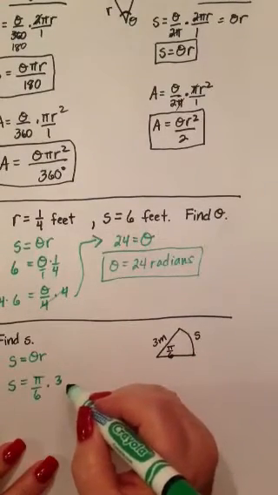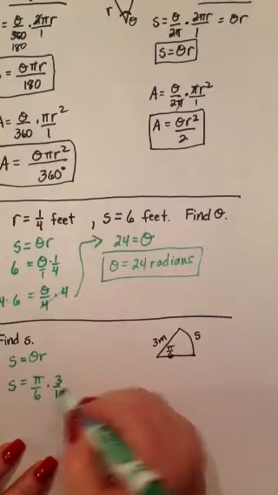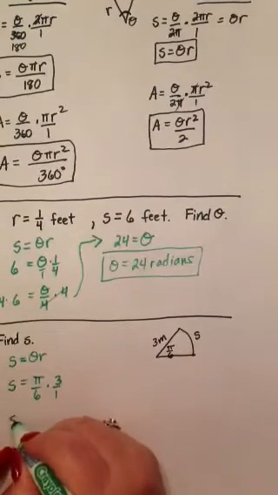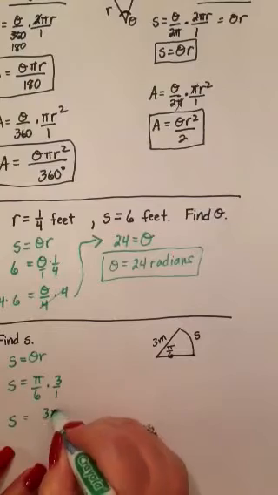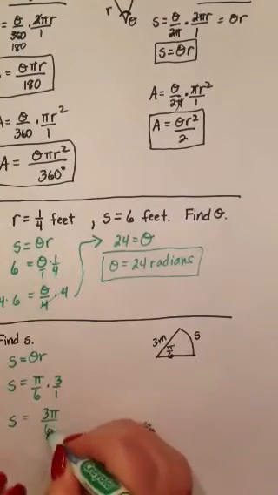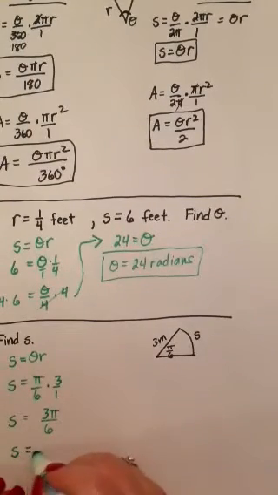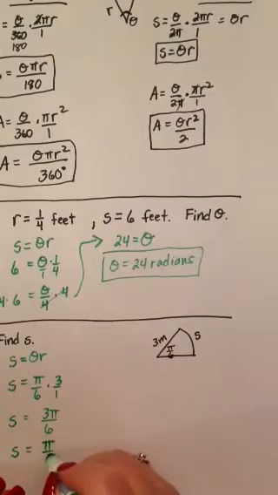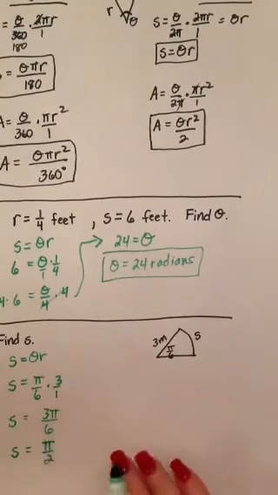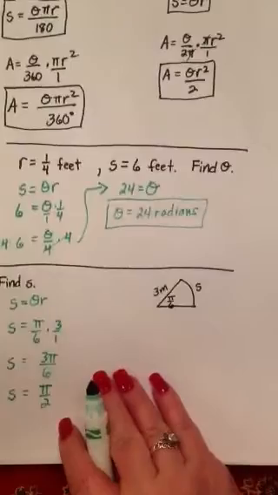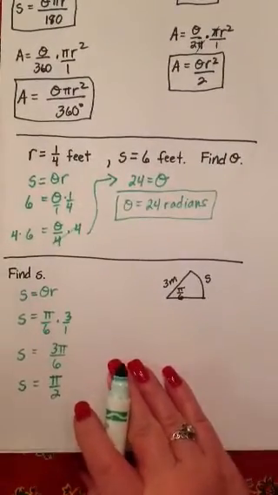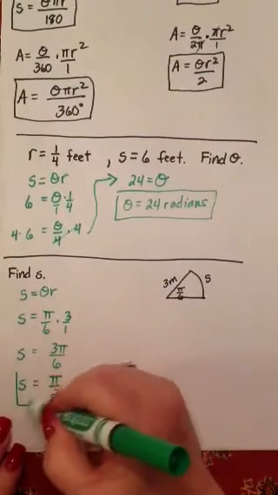And so we could even call it like 3 over 1 if we wanted. And so S is equal to 3 pi over 6. And 3/6, of course, is just 1/2. So S is going to be equal to pi over 2. Make sure you can see that. You can't see it that well. Let's scoot it up. And that would be our answer for that problem.